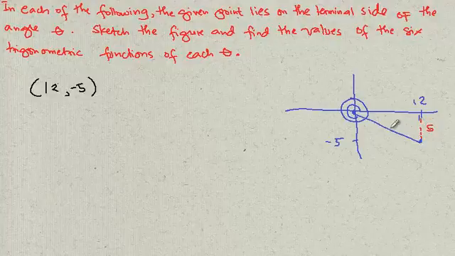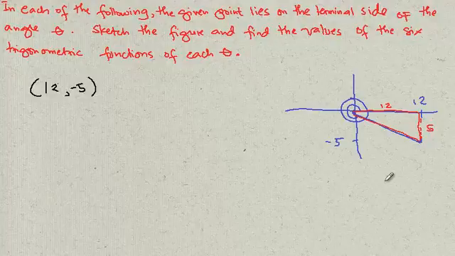How much is the hypotenuse? Well, from this 12, that's the distance, the length. That's 12. This is 5. What must this be? Okay, so that must just be the hypotenuse.